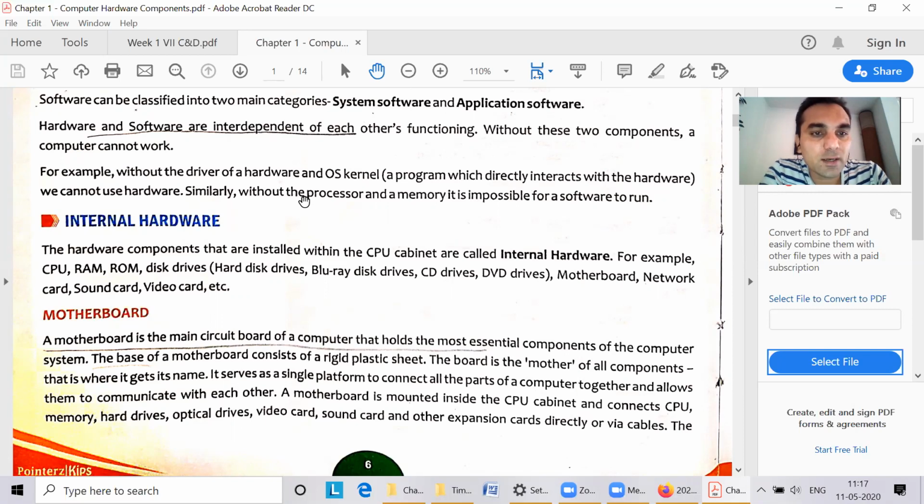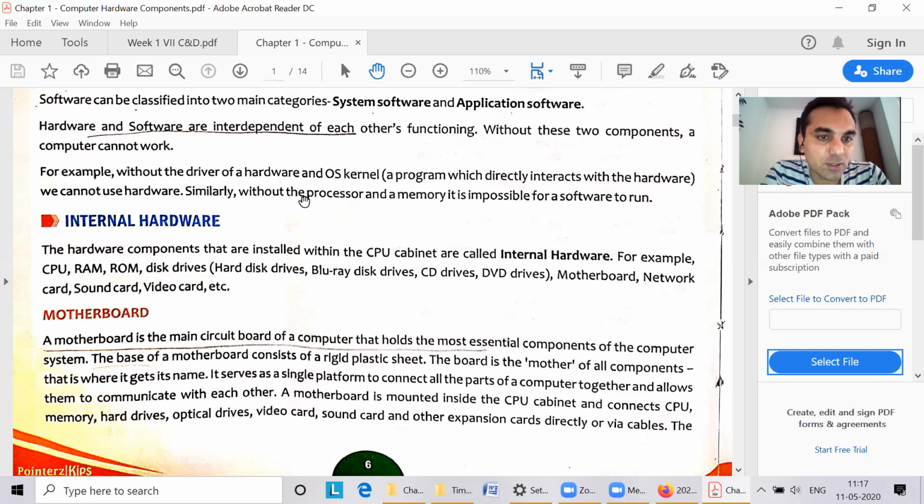Hardware and software are interdependent on each other's functioning. Without these two components, a computer cannot work at all.